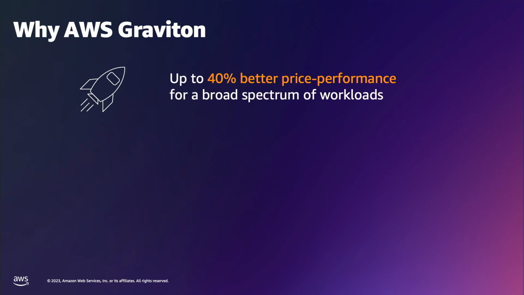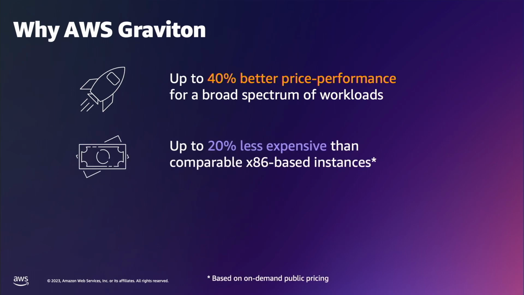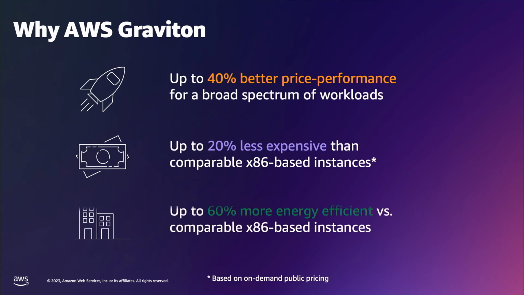So what does this mean? When it comes to cost savings, you have up to a 20% less expensive instance. And for sustainability, you have up to 60% more energy efficiency with this instance. So it's better for the environment and also better for your wallet.